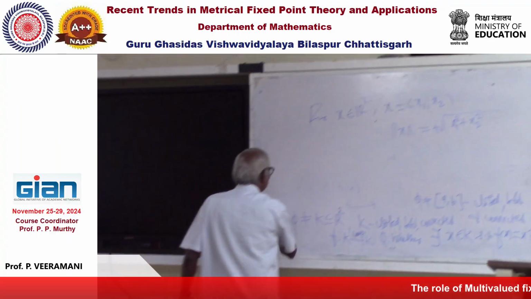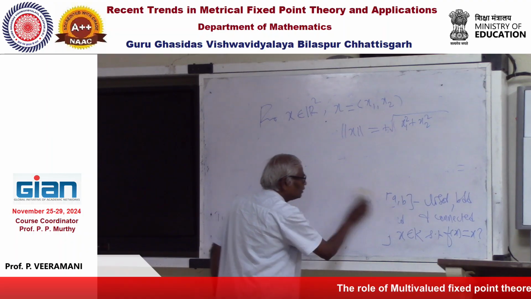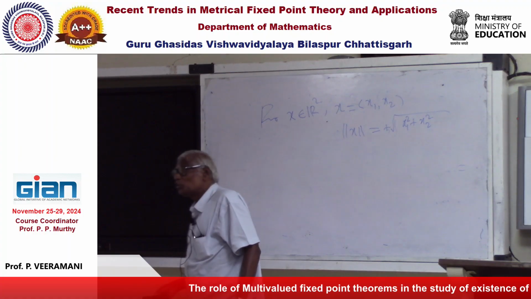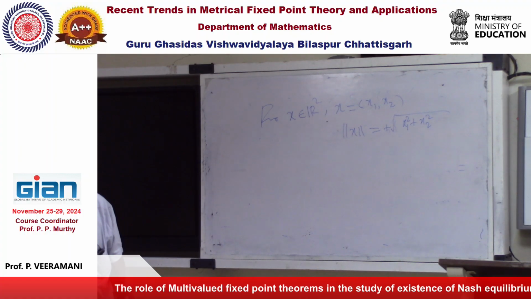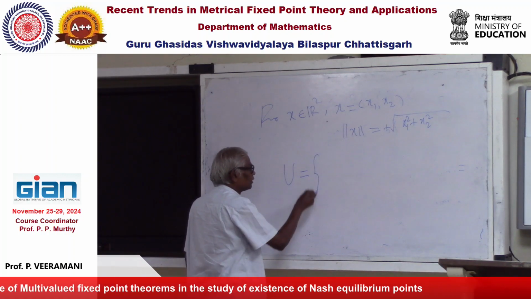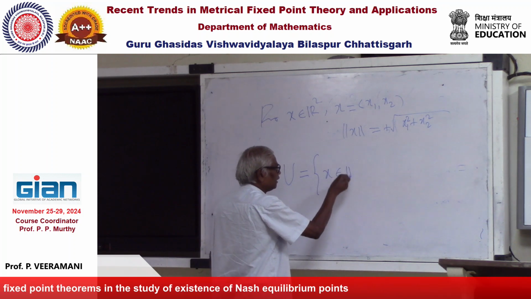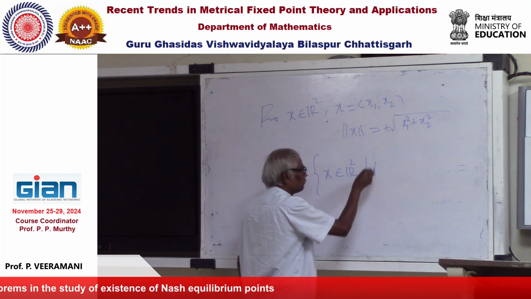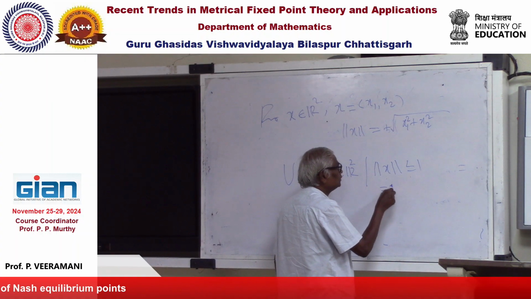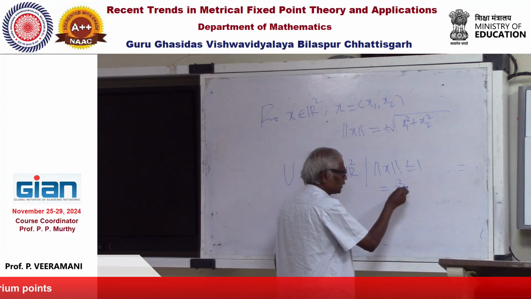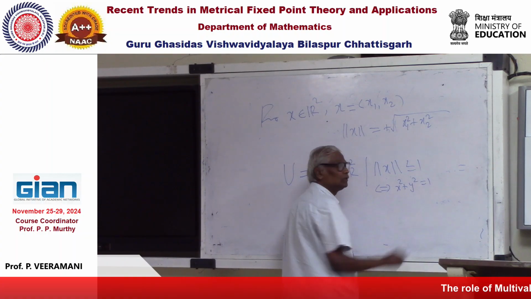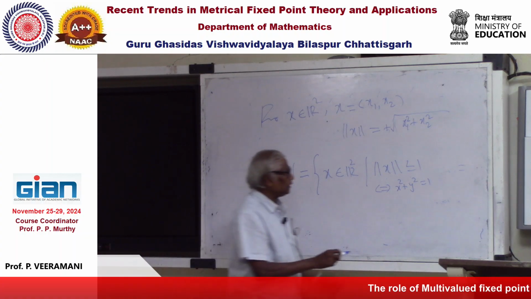Then what is the unit ball? The closed unit ball, say capital U, is the set of all x in R2 such that norm of x is less than or equal to 1. Norm of x equal to 1 if and only if x squared plus y squared equal to 1.